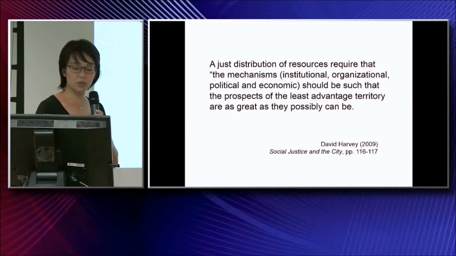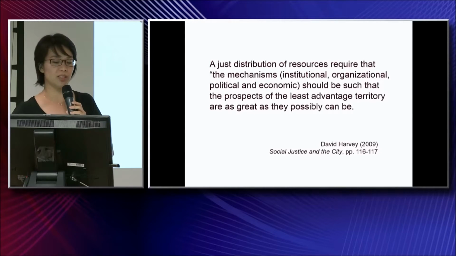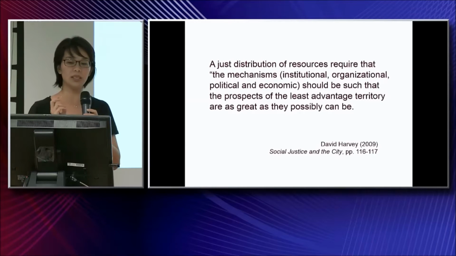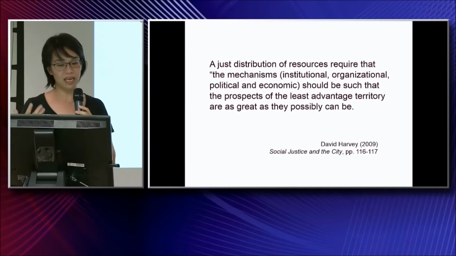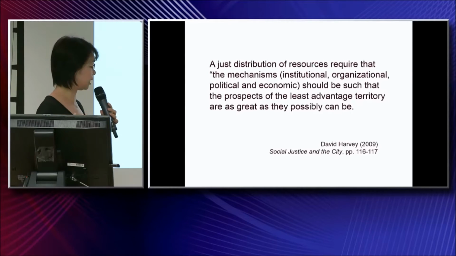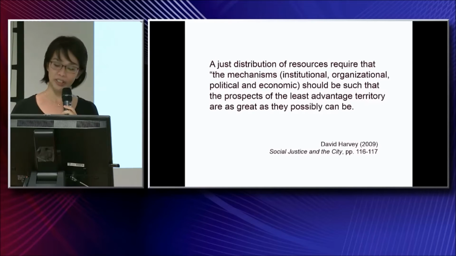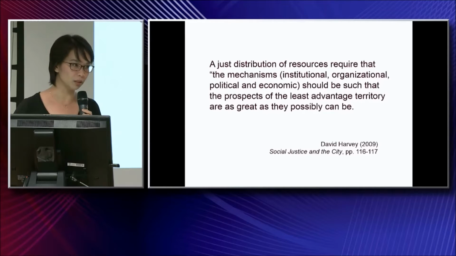David Harvey in Social Justice and the City talks about just distribution of resources, requiring institutional, organizational, political, and economic mechanisms to ensure that those who are least advantaged have as great a possibility as they possibly can get. Now, this means that when we talk about opportunity, we're not talking about equal opportunity. We're talking about equitable opportunity.